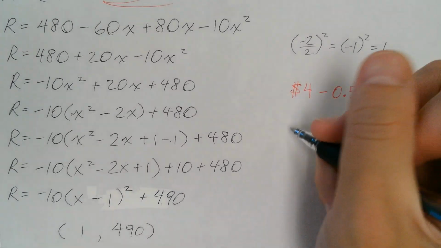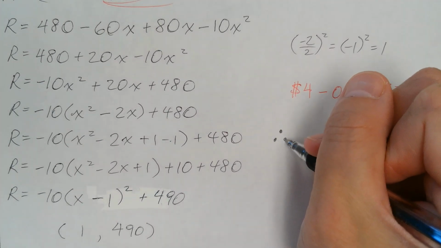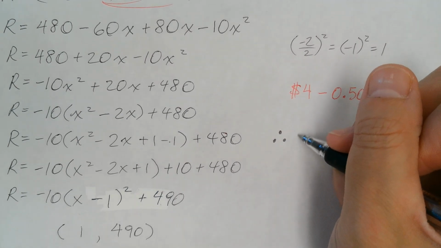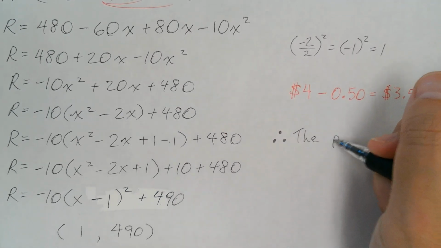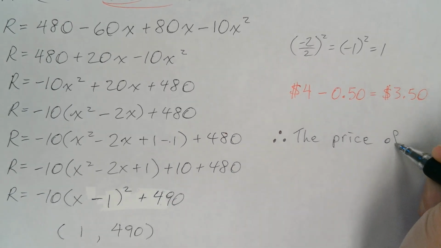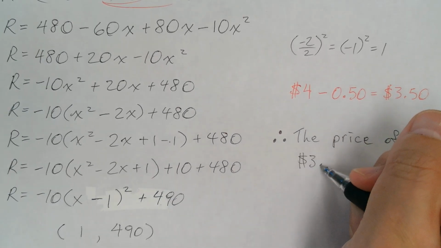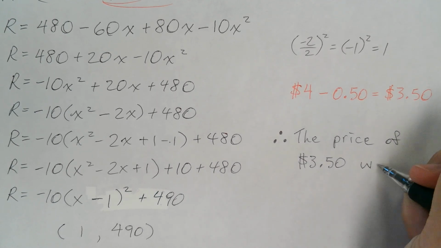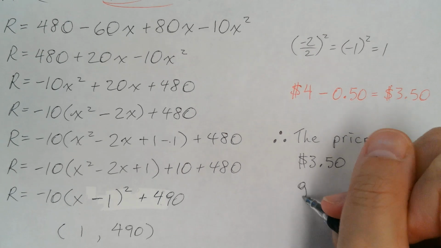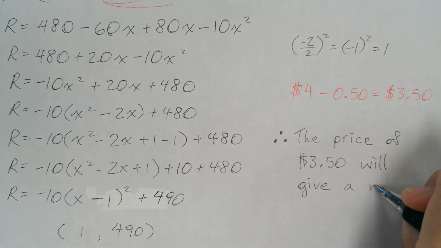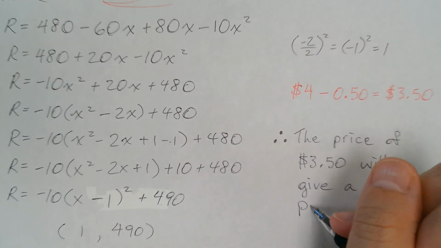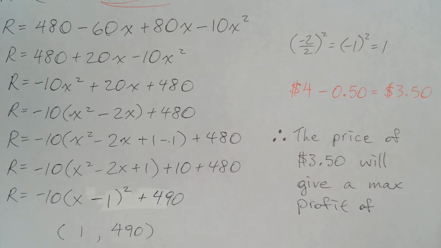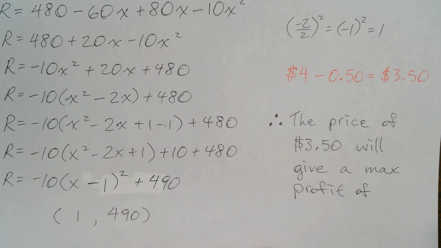So if I were to write my therefore statement: therefore, the price of $3.50 will give a maximum profit of, how much would you make if you set it at $3.50?